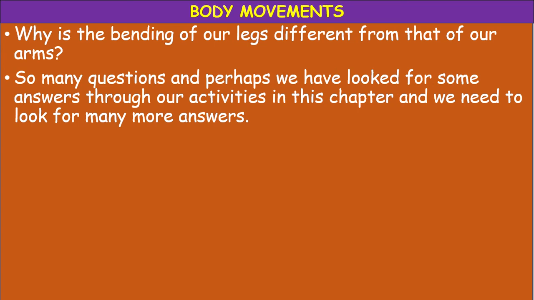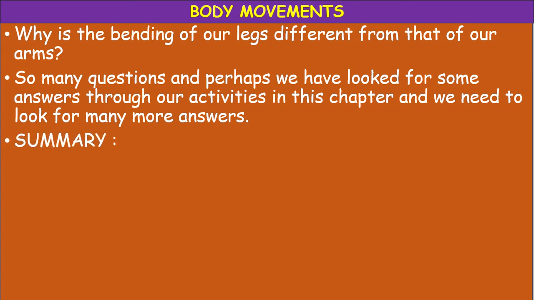For example, the bending of our legs is different because we are not doing much work with the legs. We only need bending when we sit, when we stand, when we walk. Our legs are useful for movement, but with the hands we perform different functions. So there are more flexible joints in the arms compared to the legs.